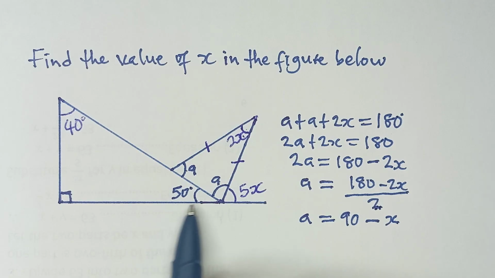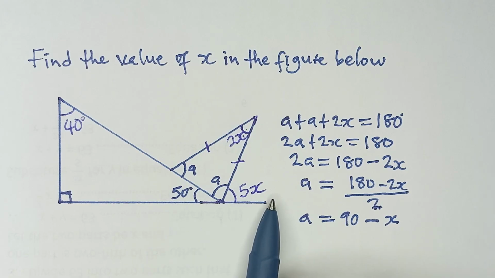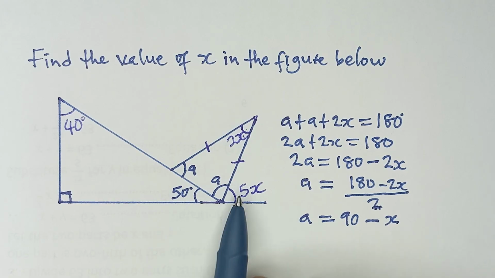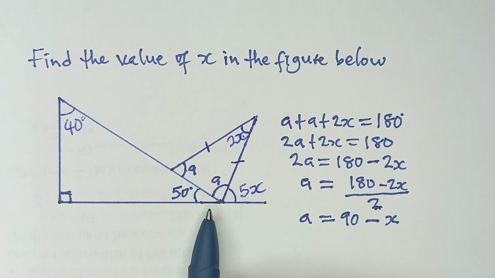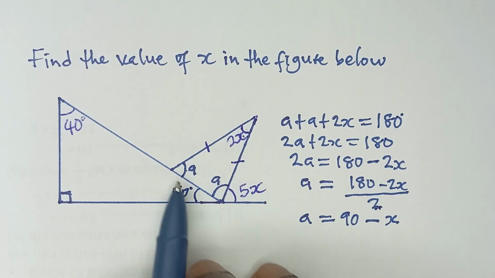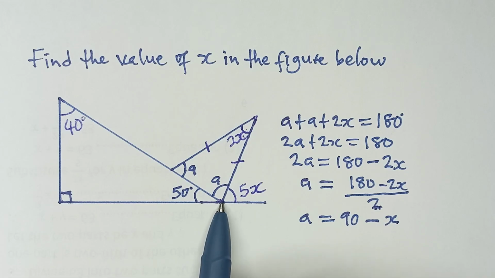Sum of angles on a straight line add up to 180 degrees. So whether there are two angles or three or more angles, provided they are at the same point on a straight line, separated by lines at that point, the sum of all the angles at that point add up to 180.